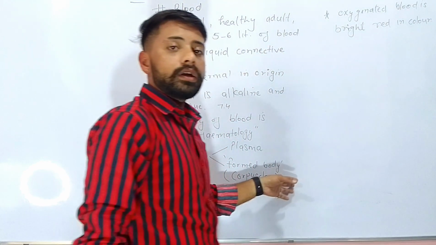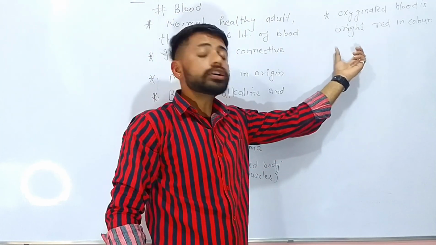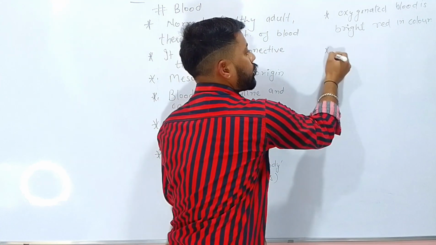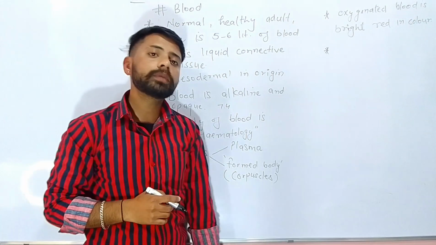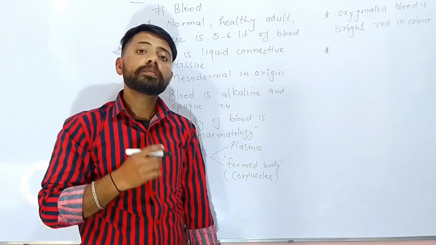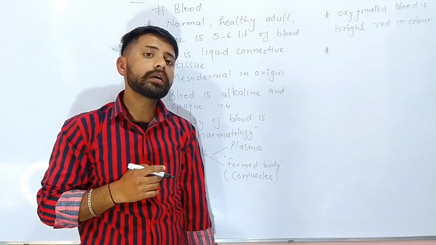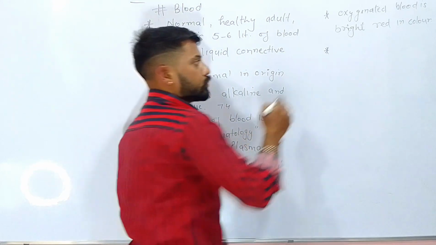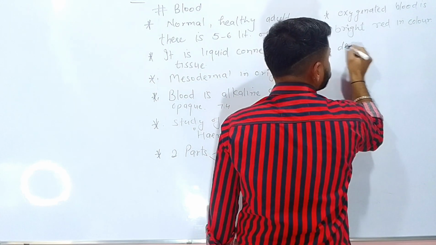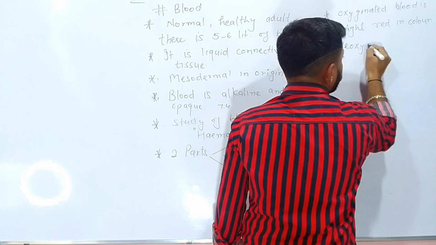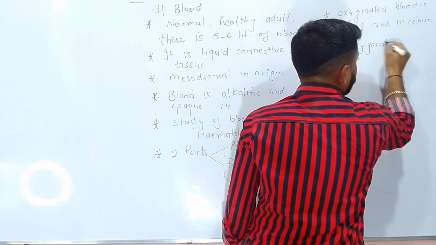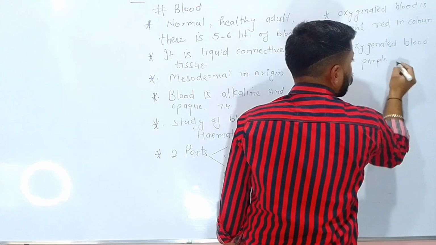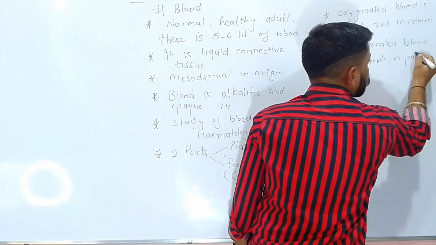As the arteries carry the oxygenated blood, and oxygenated blood is red in color, that's why we use the red color for arteries, whereas veins carry the deoxygenated blood, and deoxygenated blood is purple or purplish red in color. It is not exactly blue, but it gives a blue tinge to the blood.